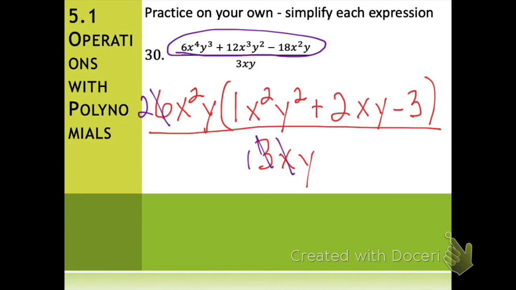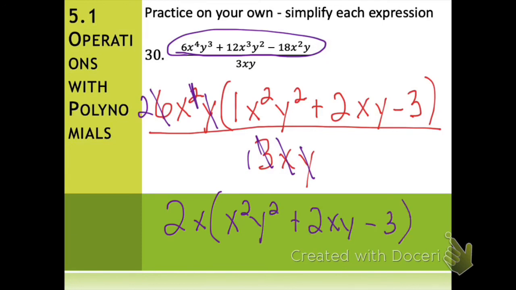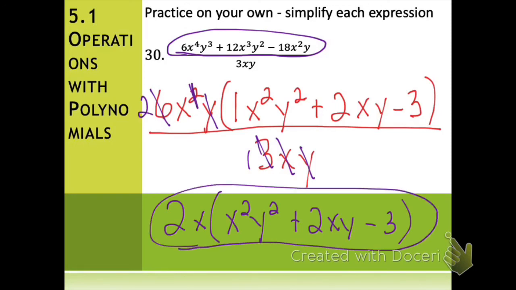This x is going to cancel with one of these x's, and this y is going to cancel with this y. So my final answer, everything on the bottom canceled, so I just have 1 on the bottom. My final answer is 2x times x squared y squared plus 2xy minus 3. You can multiply that 2x back in if you want, but I will totally accept this answer.